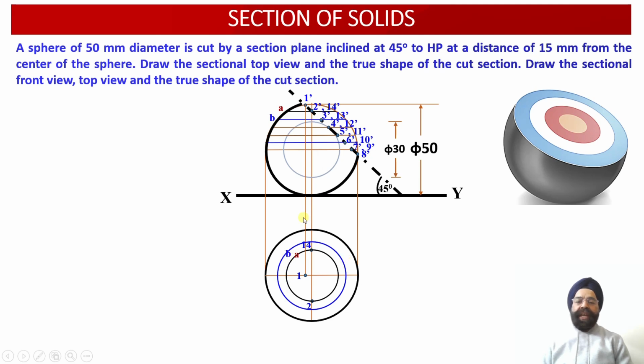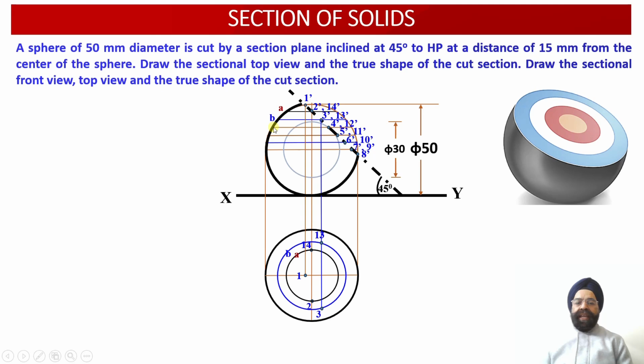So this is our ring B. Now from the points 3 dash and 13 dash, again we are going to draw a vertical projector so that this vertical projector should be intersecting with ring B at 2 points over here. This point will be labeled as point 3. This point will be labeled as point 13 over here. So we can check this point we have labeled as point 3. This point we have labeled as point 13 over here.